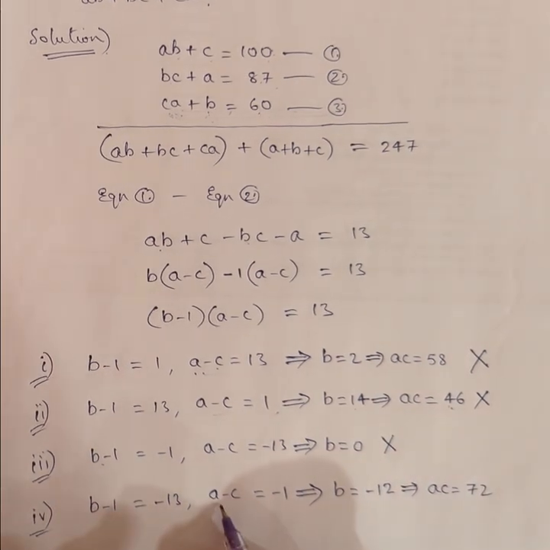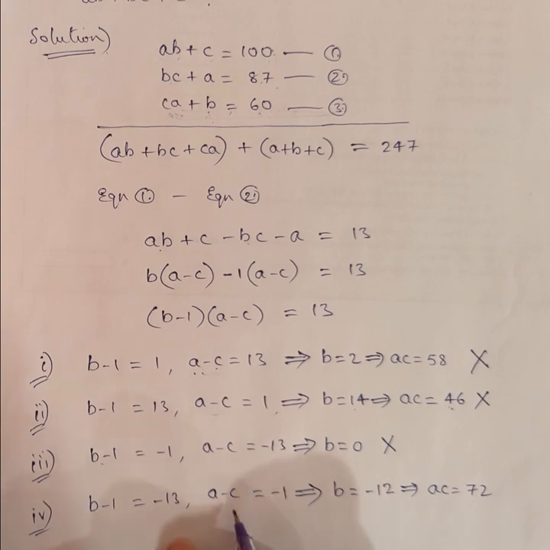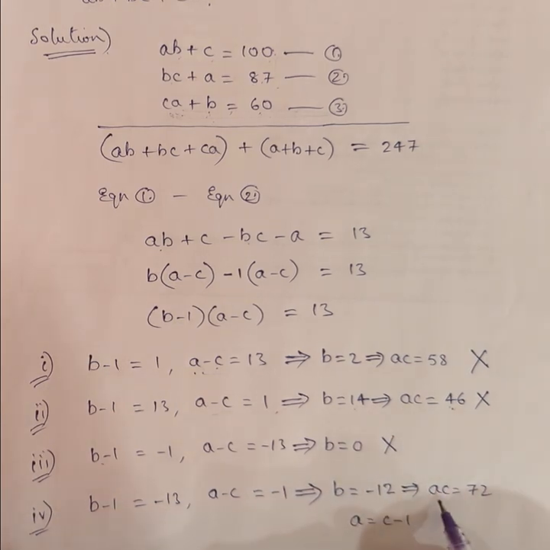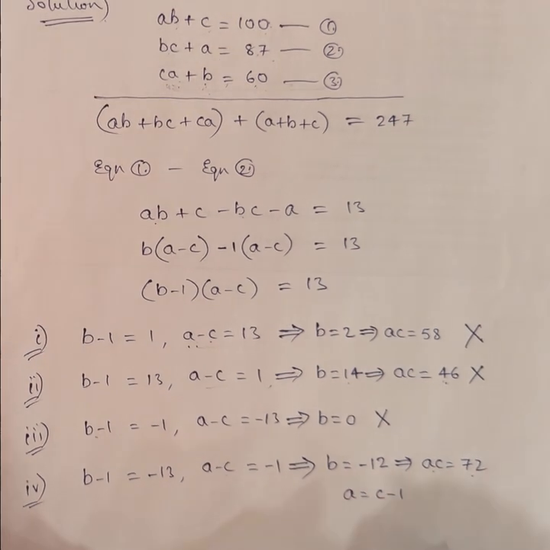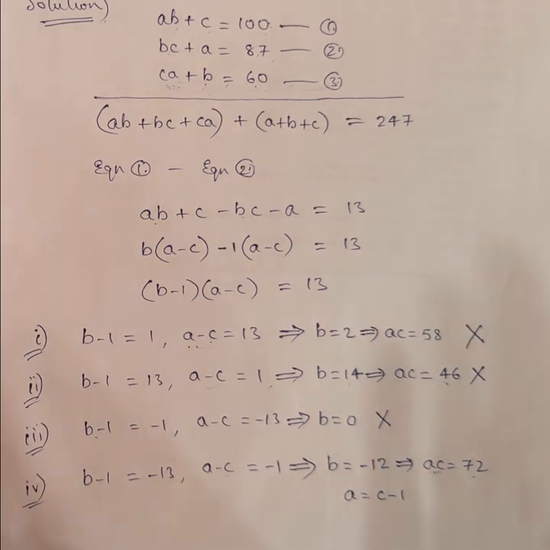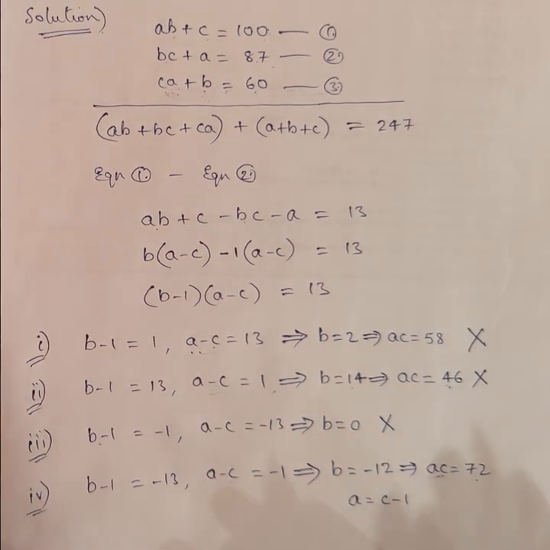And a minus c should be negative 1, so let me rewrite this as a equals c minus 1. So a is 1 less than c and ac is 72. When you see 72 and these two factors have to be 1 apart, you might think either 8 times 9 or negative 9 and negative 8.